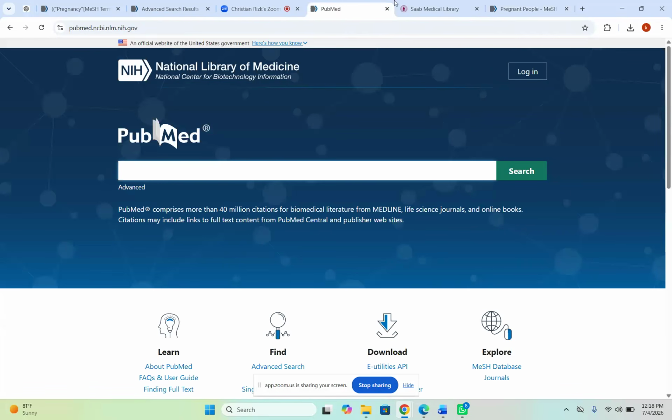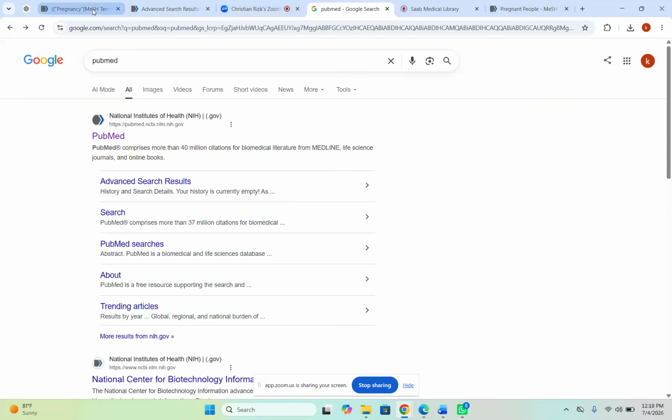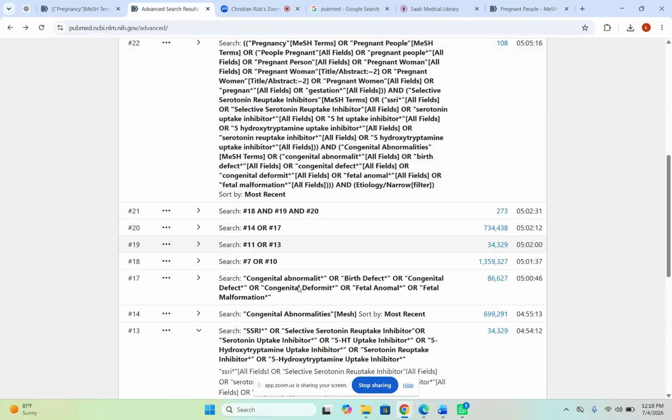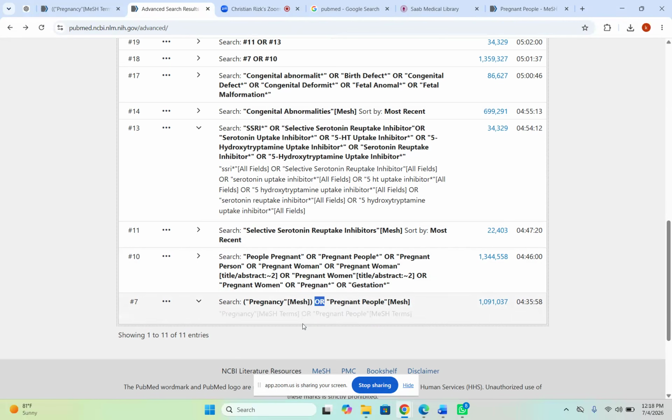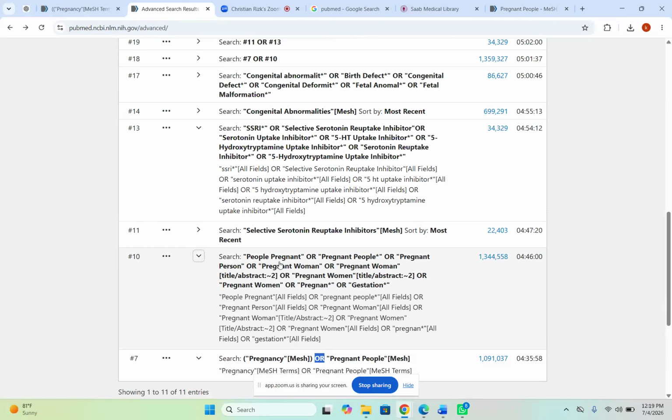So this was our MeSH term search, Pregnancy or Pregnant People. This was our search for the keywords that we got from the MeSH database search.